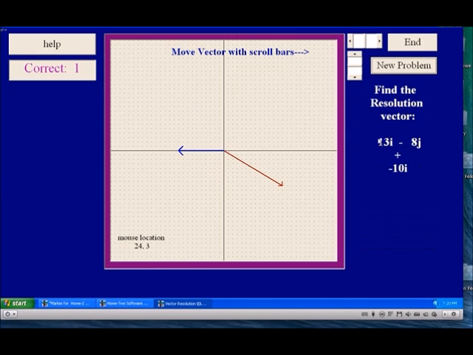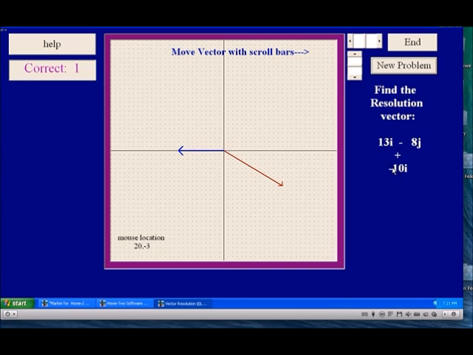A new problem. It doesn't take too many of these, but I remembered from physics, put the head of one on the tail of the other, and since I knew how to do that, I thought I would do it. So we could actually do this. The i's are the x direction and the j's are the y direction. We want to find the resolution vector between 13i minus 8j. That's this red one, 13i minus 8j, and minus 10i.